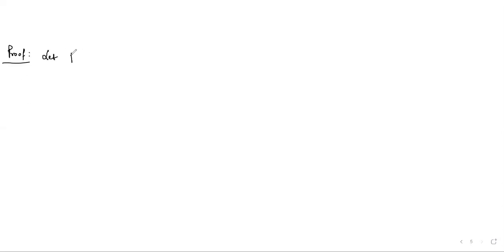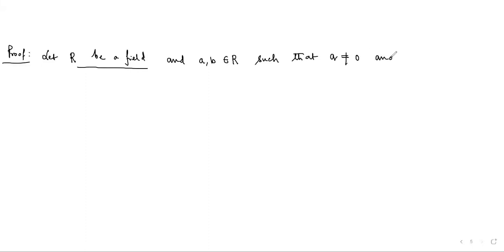Let R be a field. And a, b be two elements of R such that a not equal to 0 and ab is equal to 0.